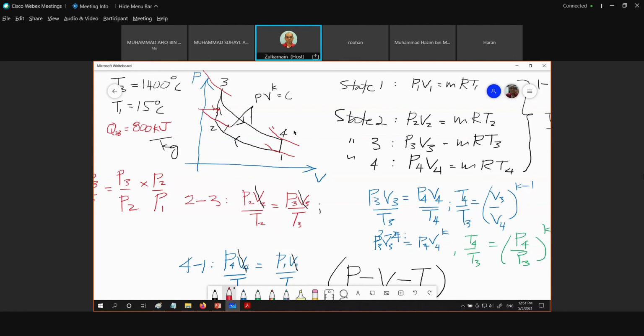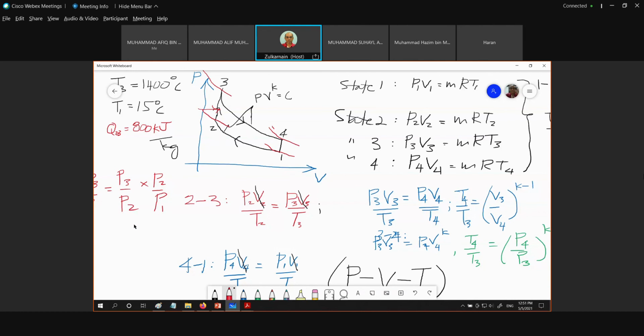Kalau guna yang line 2-3 tu sir, P2 over P3, yang T3 over T2, boleh ke sir? Kenapa nak gunakan T2 over T3? Sebab kita dah dapat P2 dah. P2 over P1 kita dapat. Now kita nak dapatkan P3 over P2.